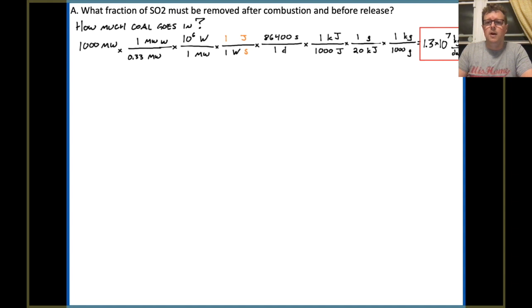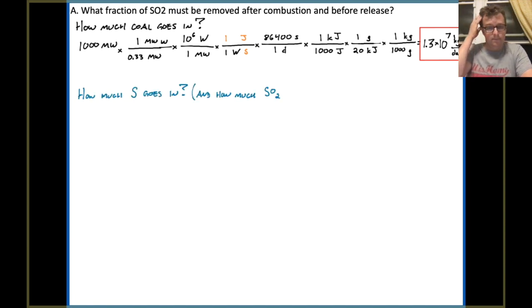So into this power plant goes about 1.3 times 10 to the 7th kilograms of coal per day in order to make this power generation happen. And I wanted to do this as a sort of stopgap because now when we analyze for fly ash in a few problems here, we can start by knowing this amount of coal going in.